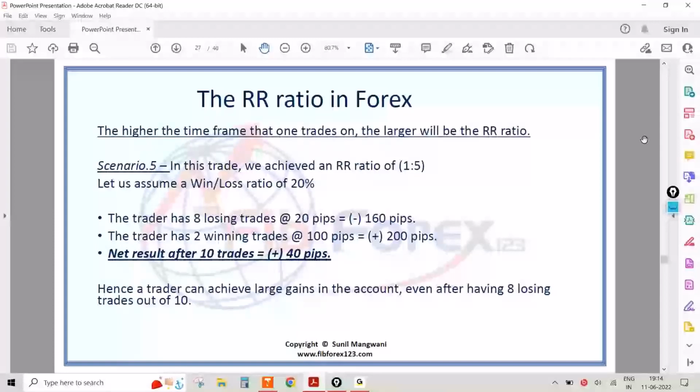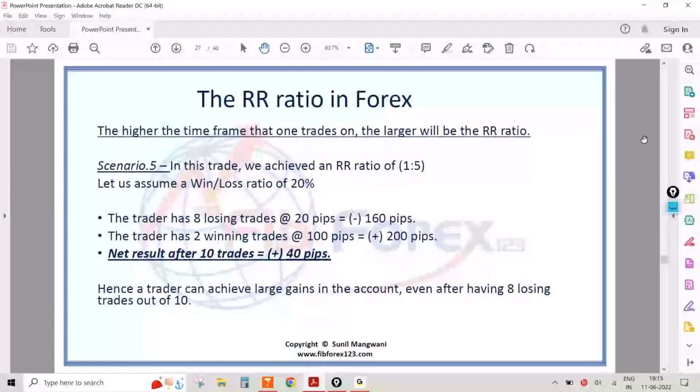Now you see the importance of your risk to reward ratio. Regardless of the method or system you're following, just try to maintain your risk to reward ratio at a minimum of 1:2. The higher the risk to reward ratio, the more losing trades you can afford to have. Now I look for a risk to reward ratio of minimum 1:3 in Forex. 1:2 is the minimum, of course, but 1:3 is highly achievable.